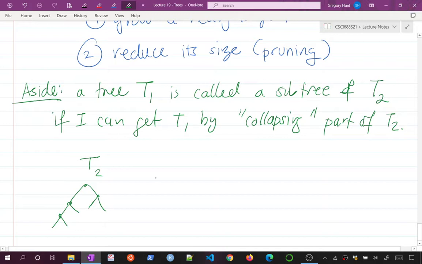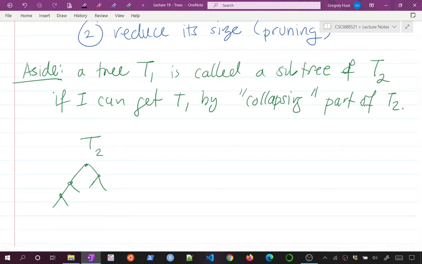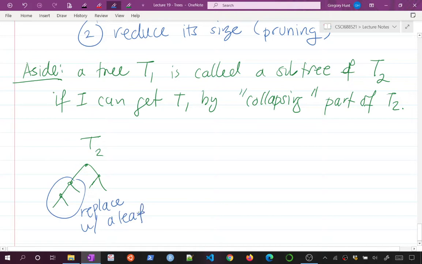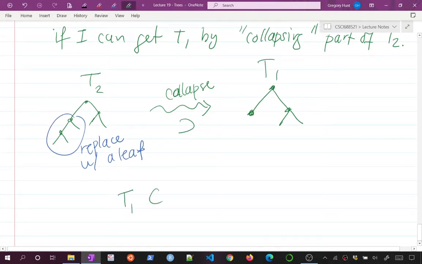And I could pick part of this, and I'm going to replace this with a leaf, with a node. So I'm basically collapsing this down. If I collapse this part of the tree, I would get another tree that looks maybe something like this, where I've replaced that whole subtree with a node. So T1 here is a subtree of T2. Typically we write T1 as a subtree of T2, something like that.